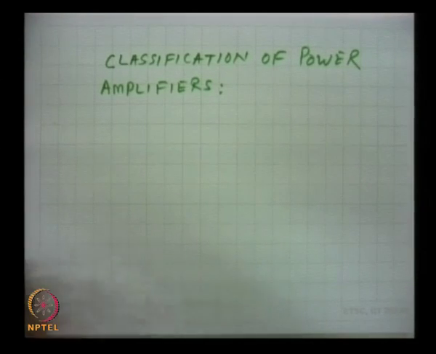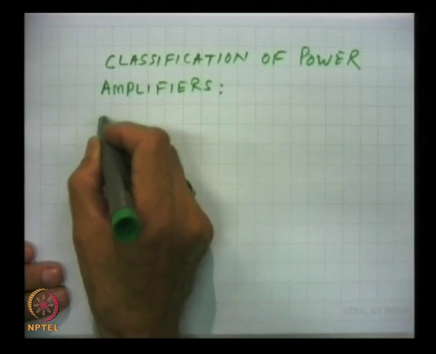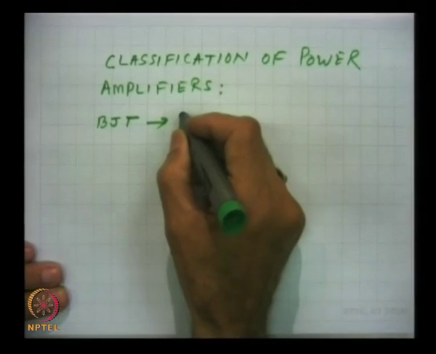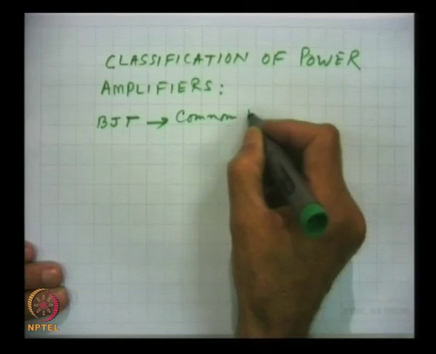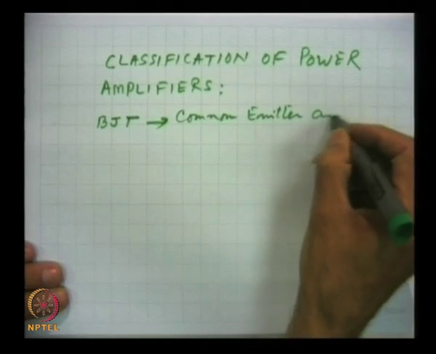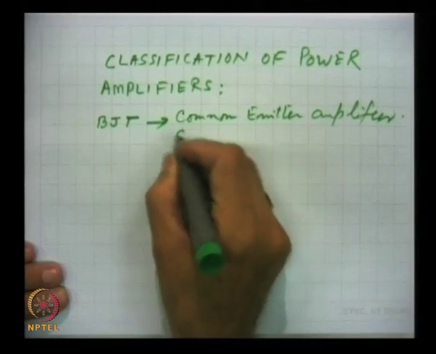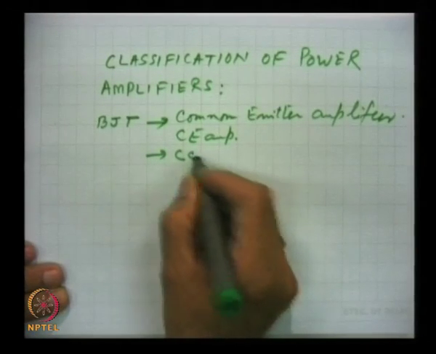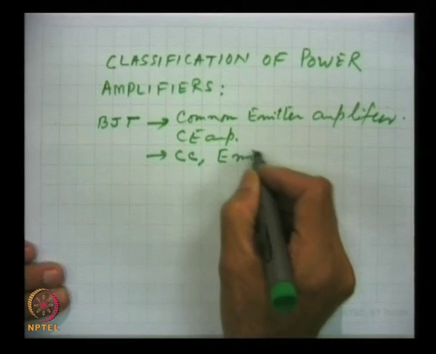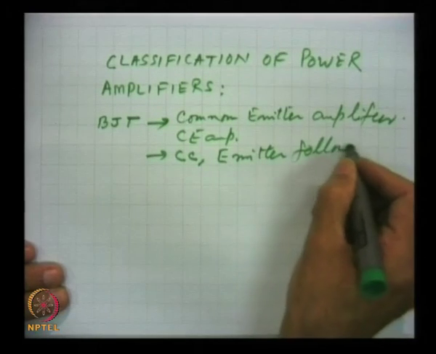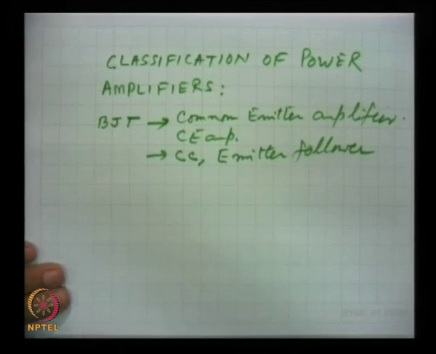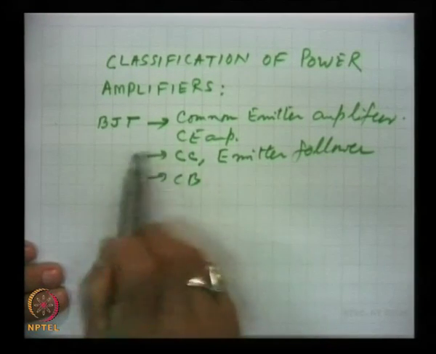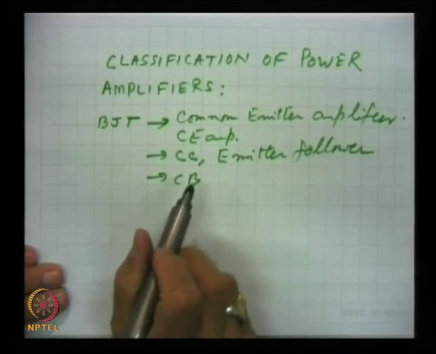Small signal amplifiers, they are classified, for example, BJT small signal amplifiers, they were classified as common emitter amplifier, or in brief CE amplifier, and CC common collector or emitter follower, this was another amplifier, and similarly common base. This was the classification for small signal amplifiers.